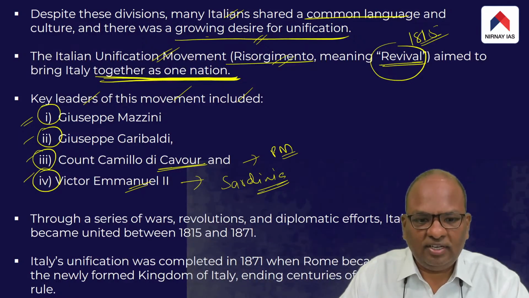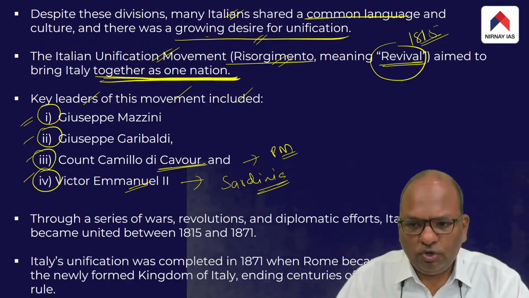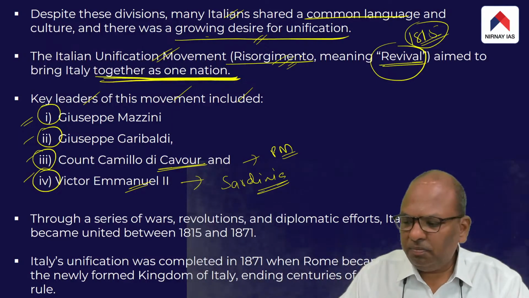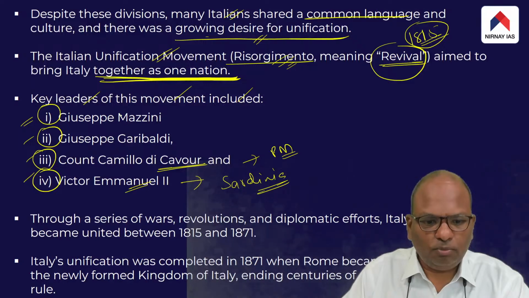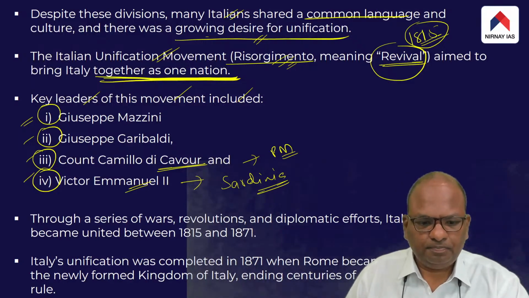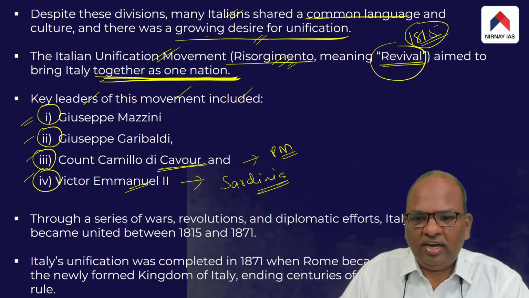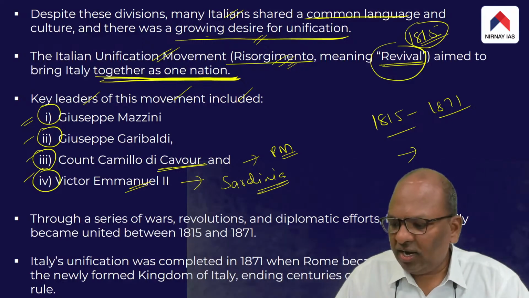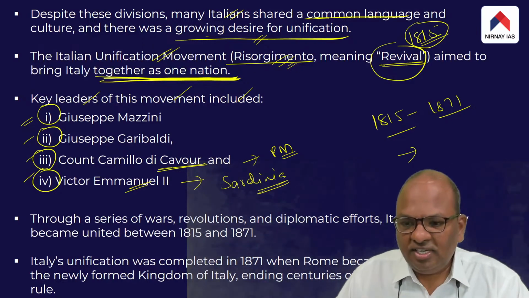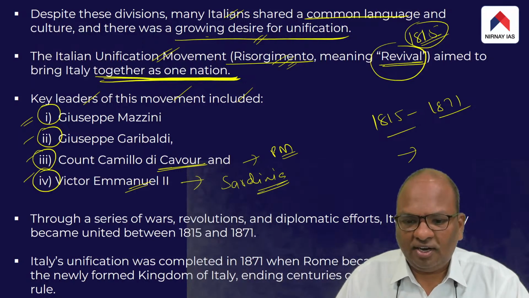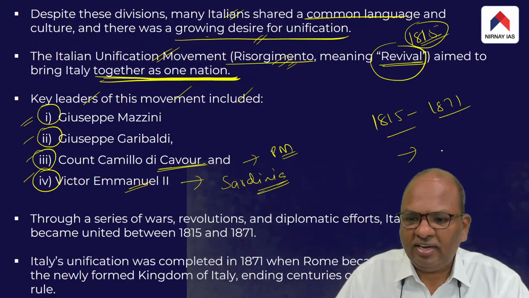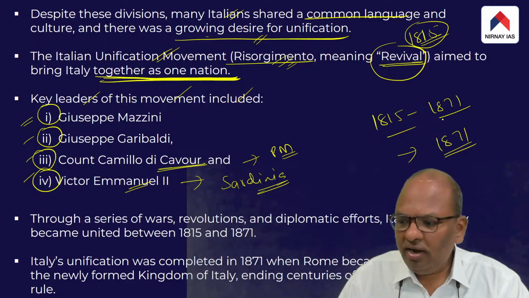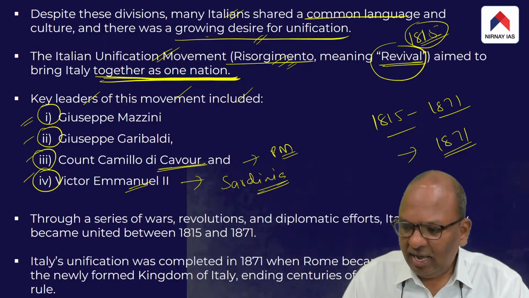So the point which I'm trying to convey is, the Italian unification movement began in 1815. It is called Risorgimento, and four individuals played a very important role in it. Between 1815 and 1871, a series of revolutions were carried out in Italy.